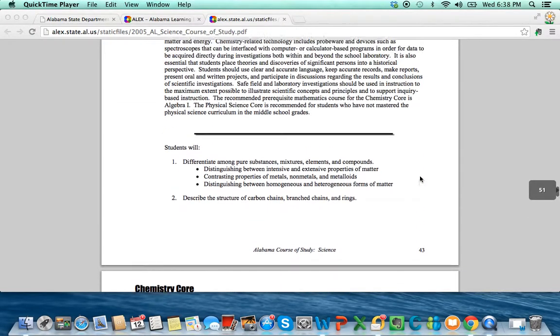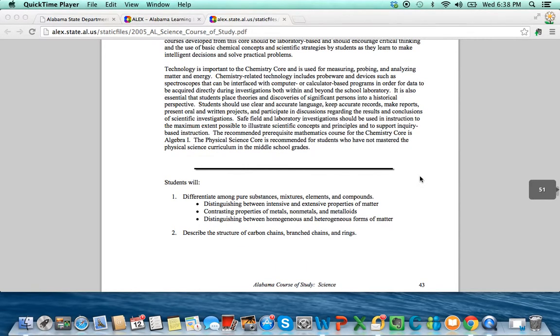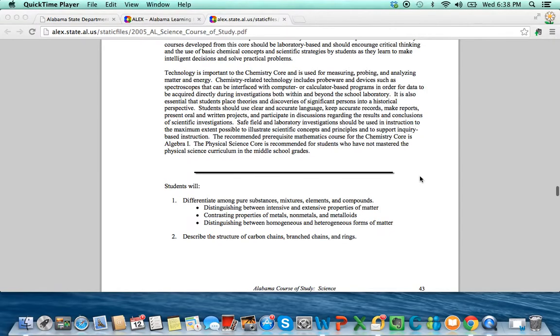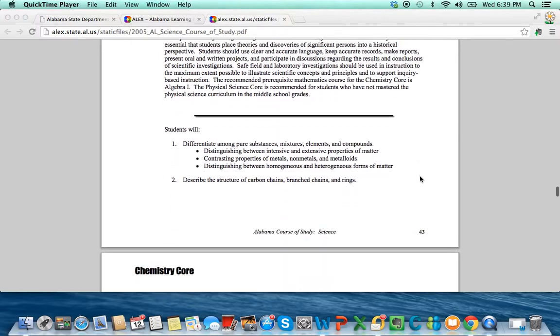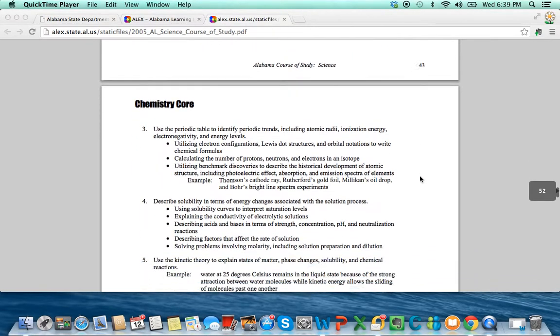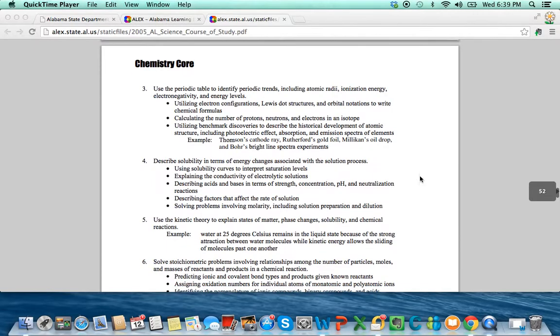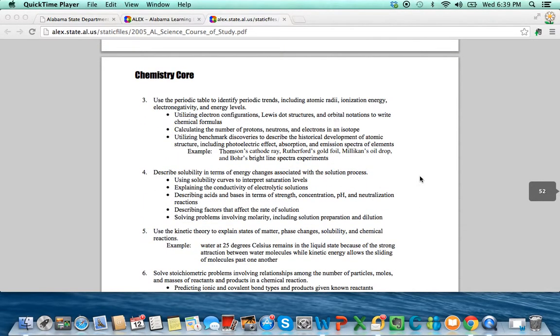Now, students, here is what I would like for you to do. I would like for you to study the course of study for the course that you have chosen to work with during this semester. I want you to read all of the standards, all of the required content, and all of the examples.